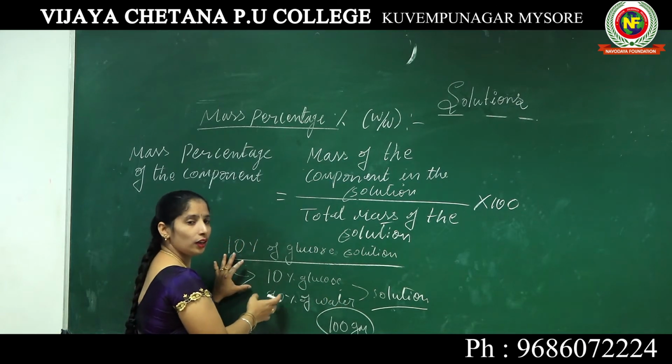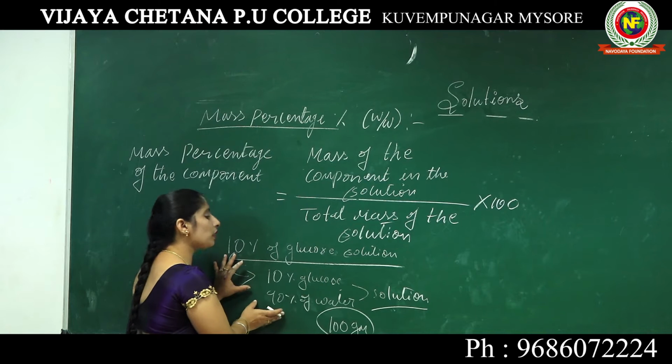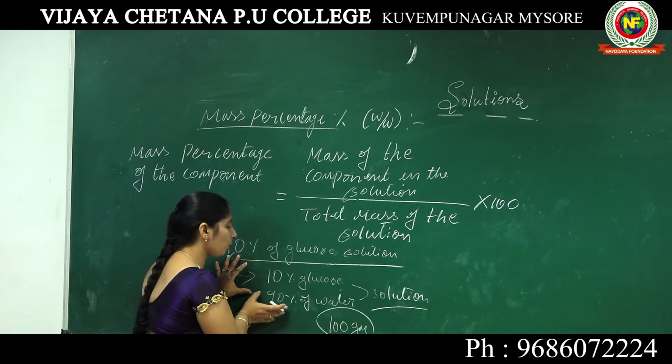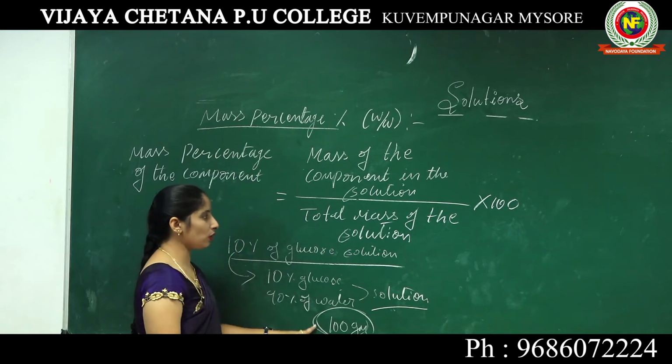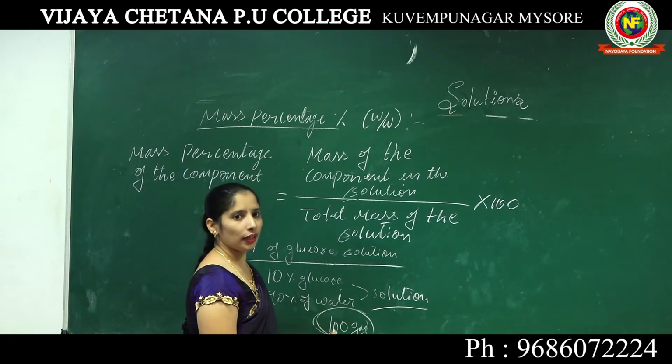Out of 100, 10% consists of glucose and 90% consists of water. Totally the solution is 100 grams. Why grams? Because it is a mass.